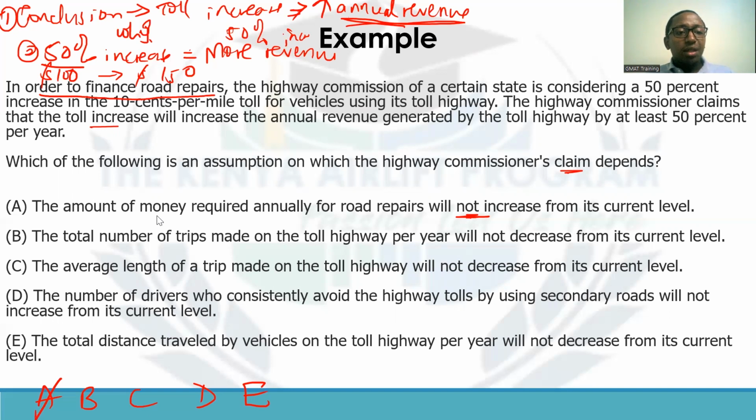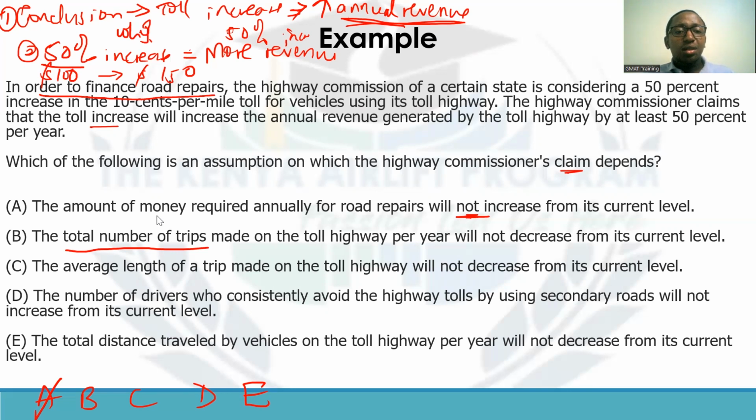And then B: the total number of trips made on the toll highway per year will not decrease from its current level. Now this is the tricky part, because we see here the total number of trips. How will the number of trips affect this revenue? If they increase or decrease, will the revenue still increase?